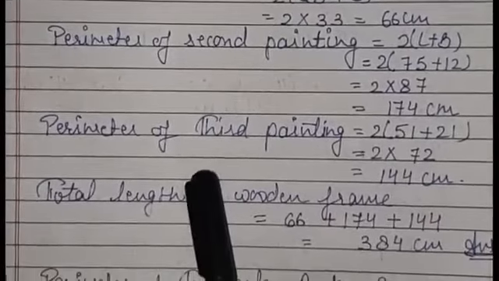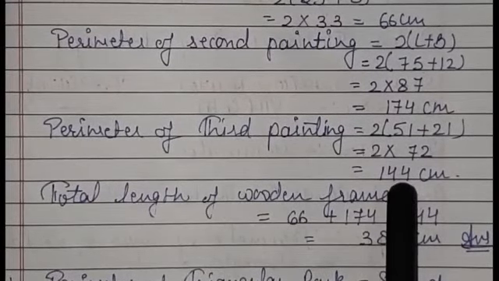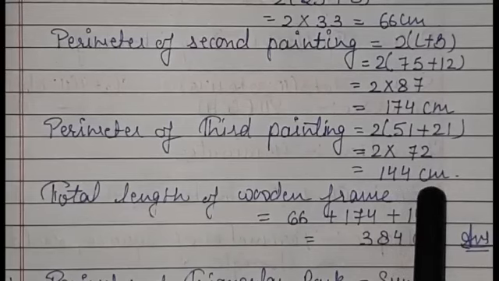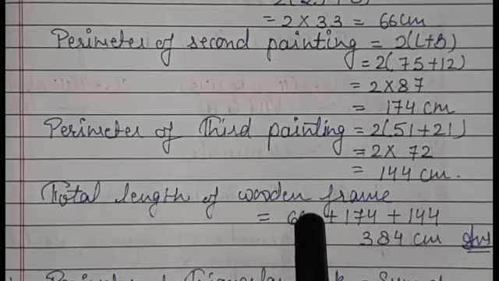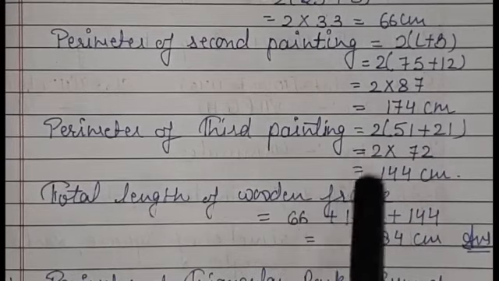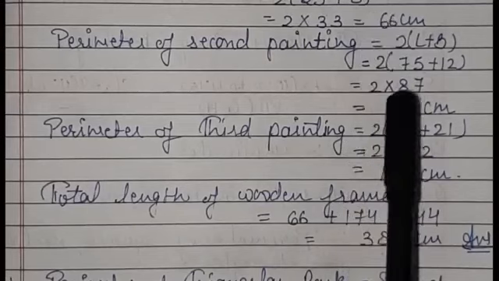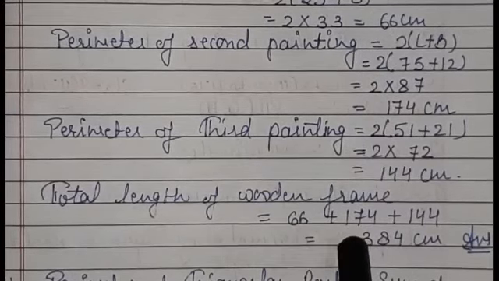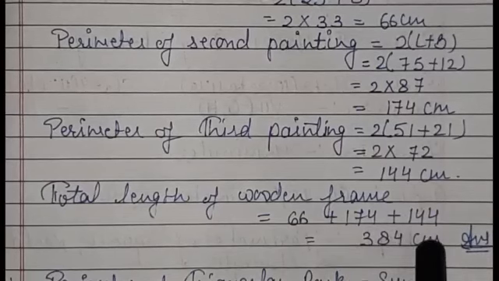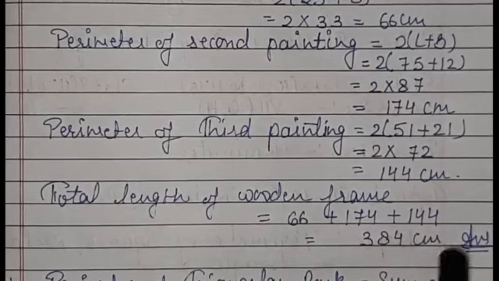And for third painting, perimeter is 144 centimeters, right? And total length of the wooden frame, for that we have to add all these 3 perimeters. So 66 plus 174 plus 144 is equal to 384 centimeter.